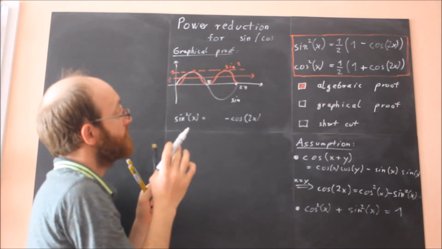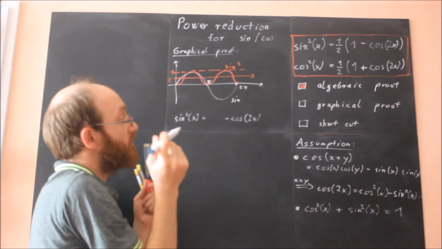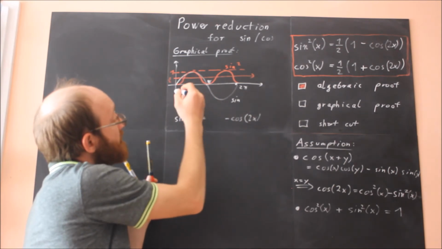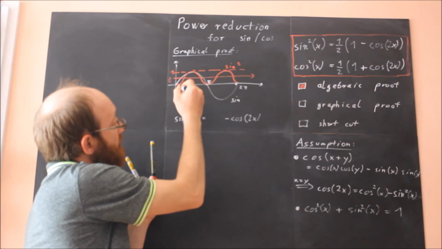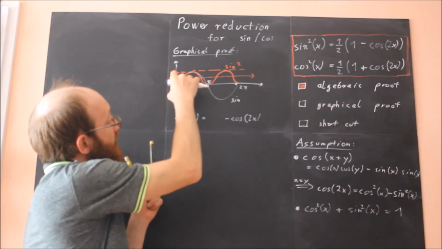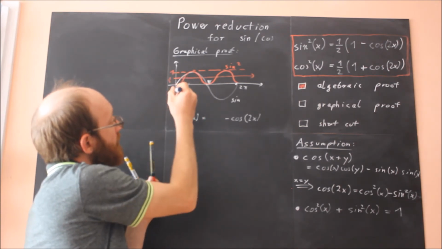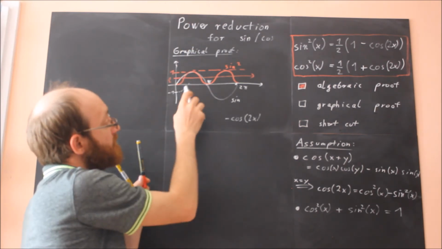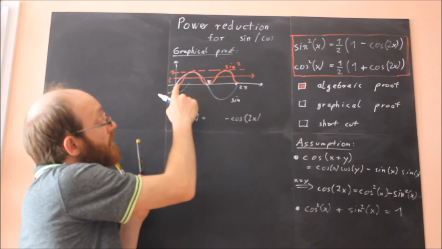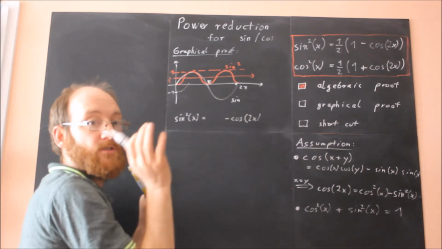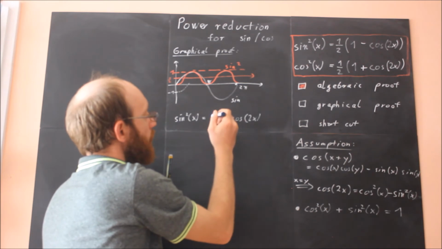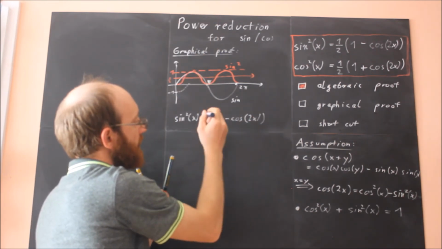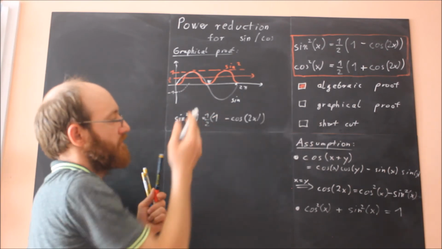The magnitude is not 1, it's 1/2, and in comparison to the negative cosine, which starts here, this whole thing is shifted by 1. The negative cosine starts at -1, and here it starts at 0, so we shift it 1 above the axis. And the amplitude is 1/2.